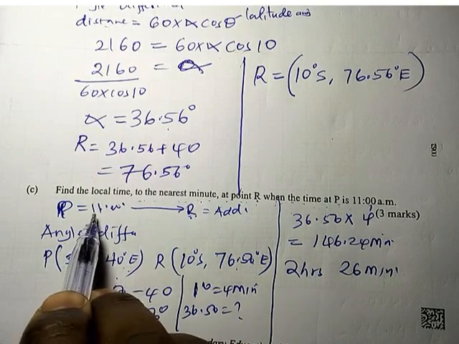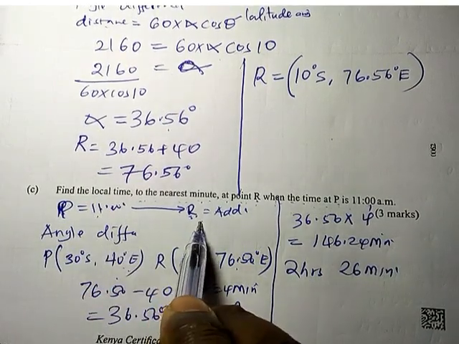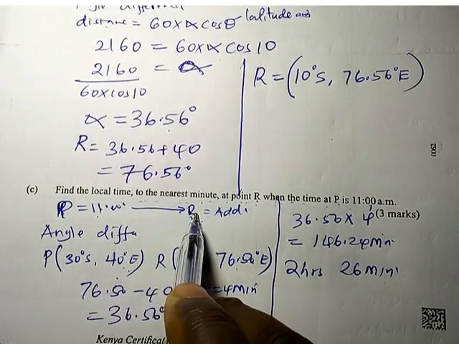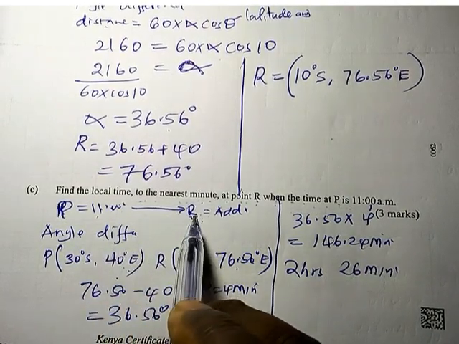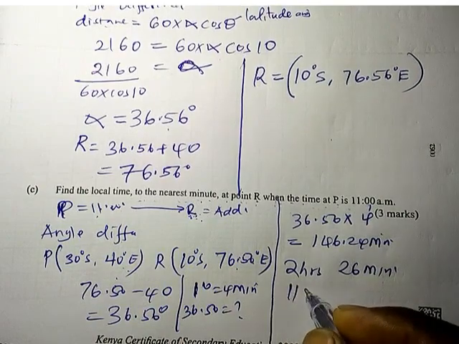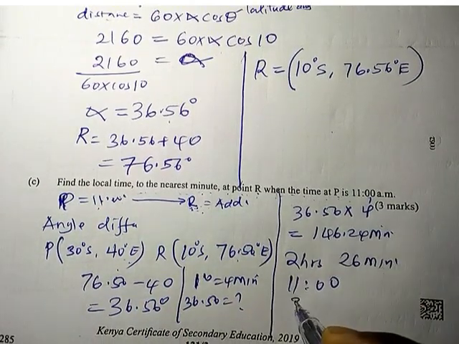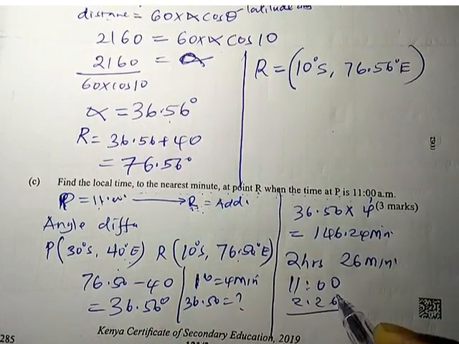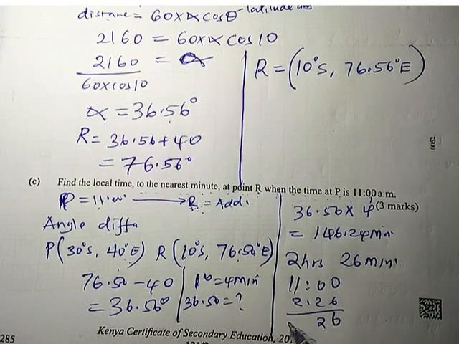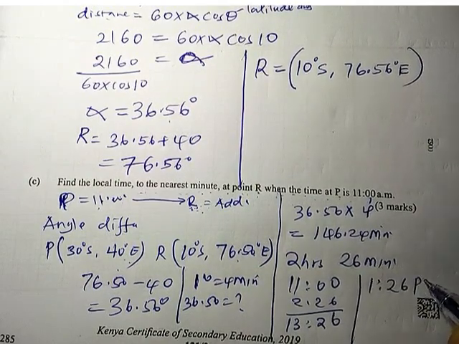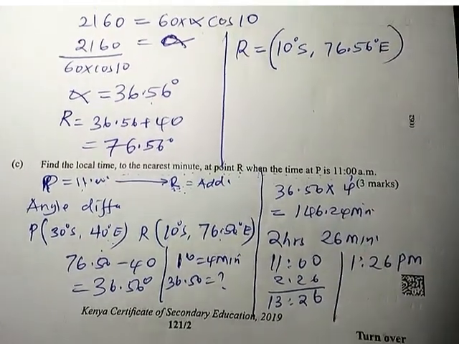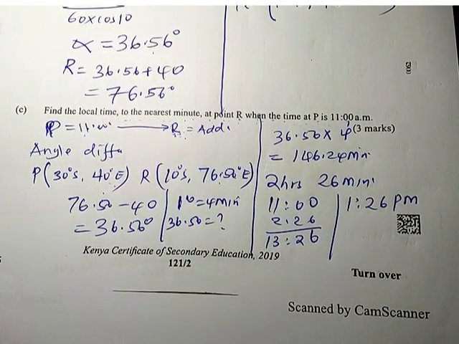So, if it is 11 here and we are moving towards the east, we are going to add. So it is 11:00 plus 2 hours 26 minutes, which is 13:26. So it will be 1:26 PM.